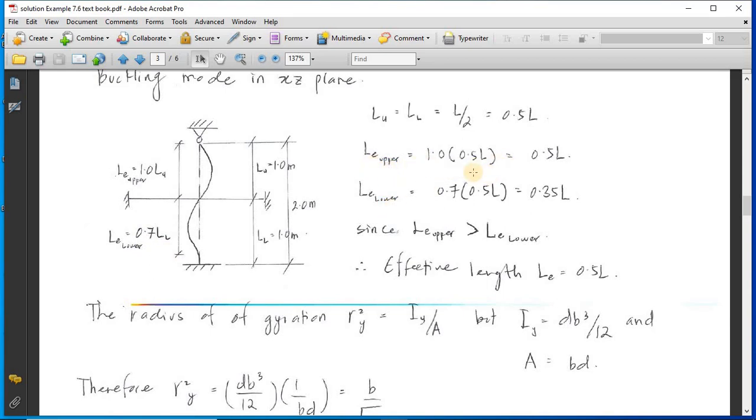Based on this equation, LE upper is equal to 1.0 multiplied by LU.